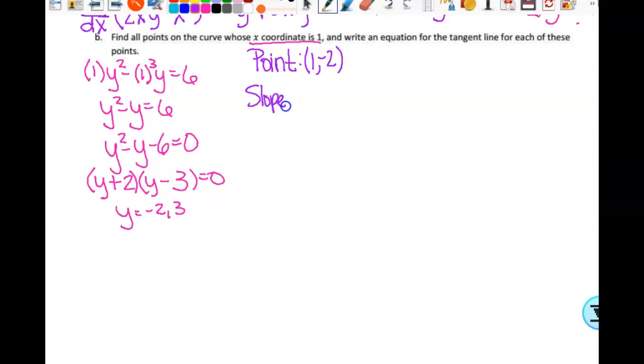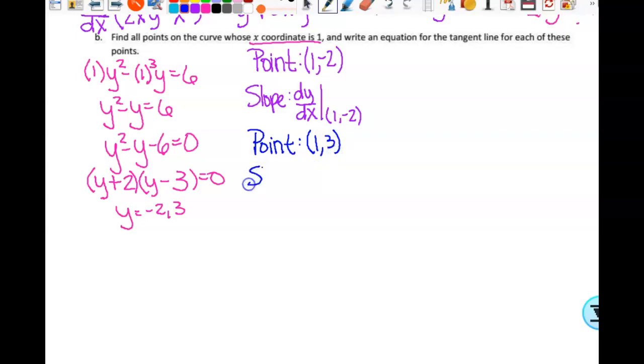That slope is going to be dy/dx evaluated at (1, negative 2). Right? Then I'm going to have a second one. I'm going to go ahead and write them both down so I don't forget to do them. I'm going to have a second point, and that's going to be (1, 3).